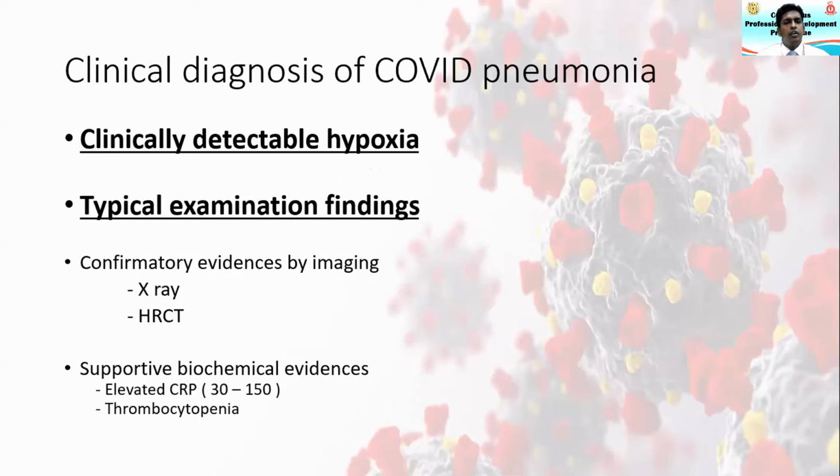And typical examination findings will give you a good clue, in 99% of the time, that this patient has gone into the COVID pneumonic phase. The next level of investigations is confirmatory evidence by X-rays and HRCT. And your decision will be supported by biochemical evidence, elevated CRP, usually 30 to 150, as well as thrombocytopenia, which is available in a resource poor setting.